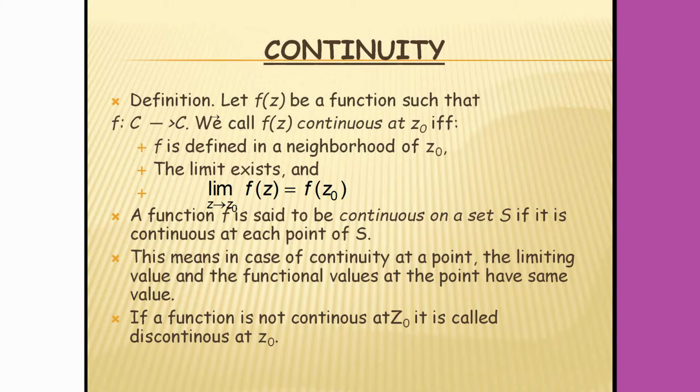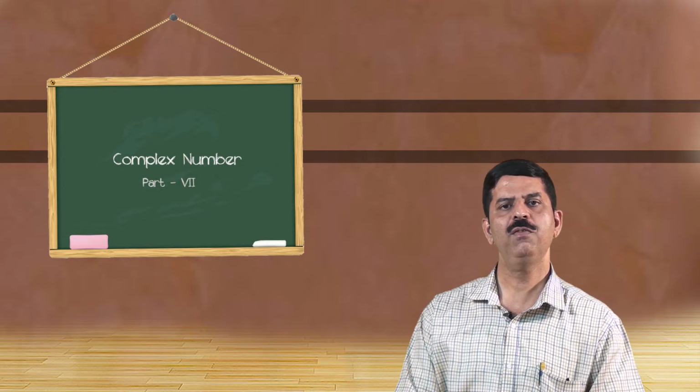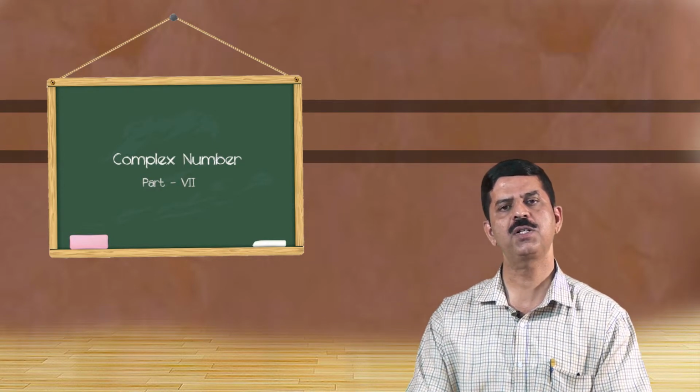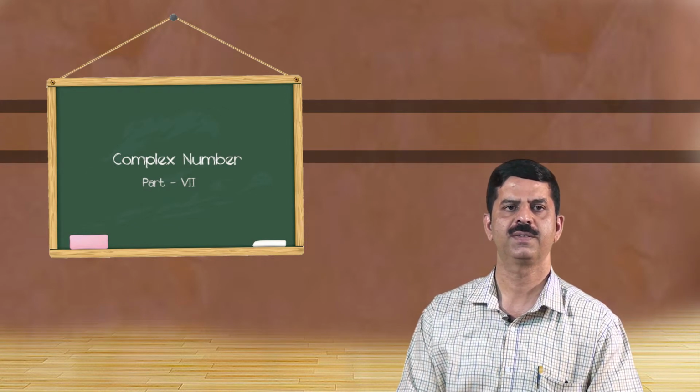Second, the limit of the function exists. Third, f of z naught is equal to the limit of f of z as z tends to z naught; they should be equal. Then we say the function is continuous. If any one of these conditions does not hold, it is a discontinuous function.